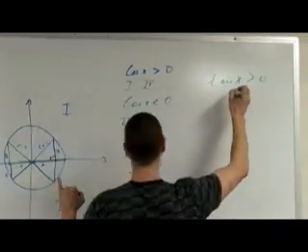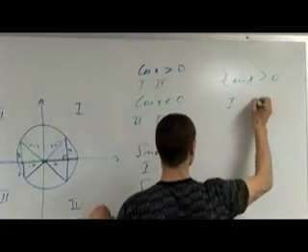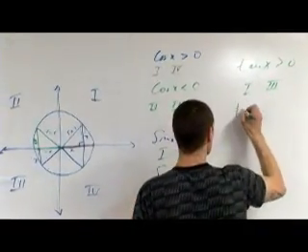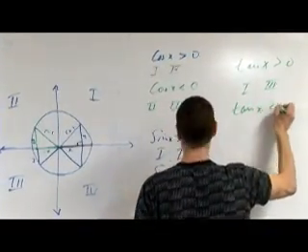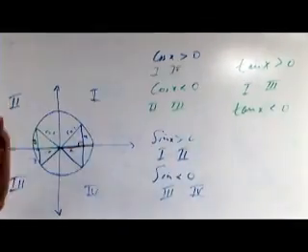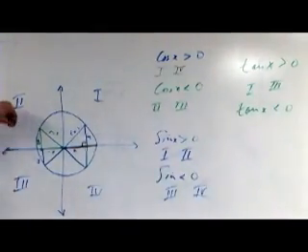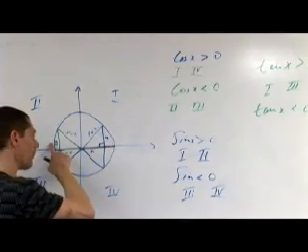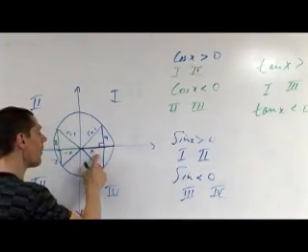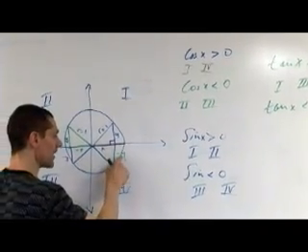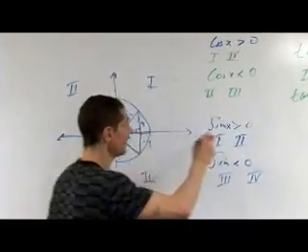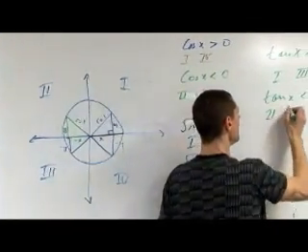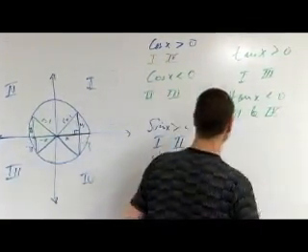So tangent is greater than 0 in the first and third quadrant. Tangent x is less than 0. Well, one of them has to have a negative sign. And we can do that in this quadrant. The x will have a negative sign, the y won't, so it's negative. In this quadrant, the y will have a negative sign and the x won't, so it's going to be 2 and 4.